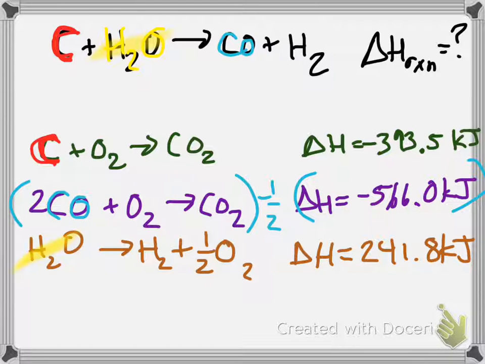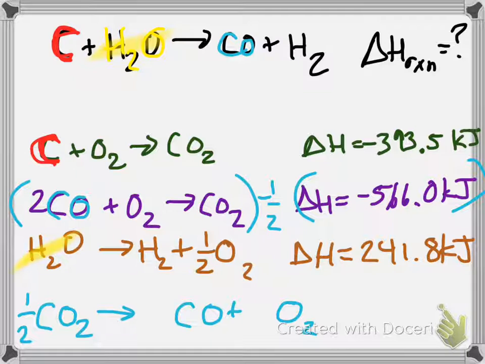And then we're dividing the moles in half. So we get carbon dioxide as our reactant now, and it is producing carbon monoxide and oxygen gas. But we have half the moles, so we have only half a mole of carbon dioxide, and we have 1 mole of carbon monoxide, and we have half a mole of oxygen.